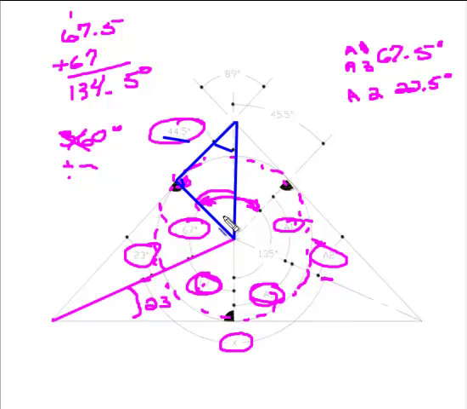You can solve for this. And that'll tell you everything that you need to know. Remember, your distance from here to here is going to be the same as the distance from here to here, making them congruent. This distance down here is going to be the same, from this point to this point.